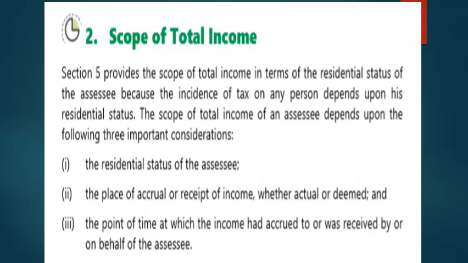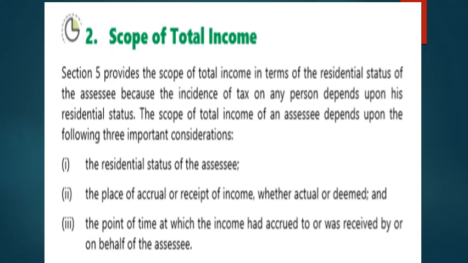Now, scope of total income. Section 5 of the Income Tax Act 1961 provides the scope of total income in terms of the residential status of the assessee, because the incidence of tax on any person depends upon his residential status.